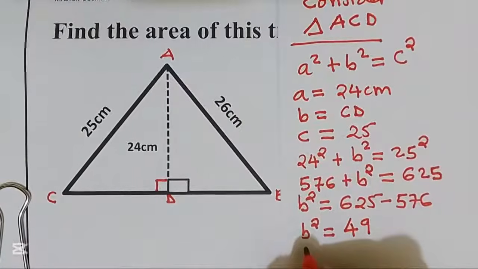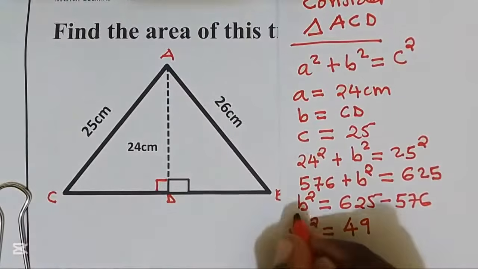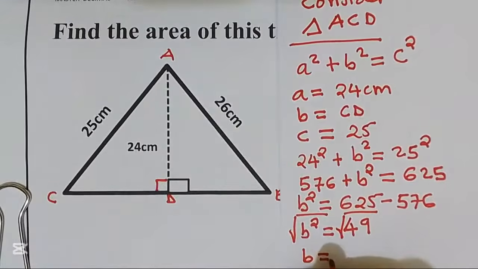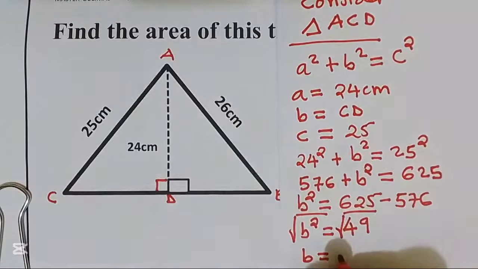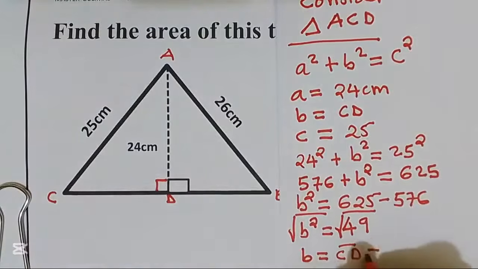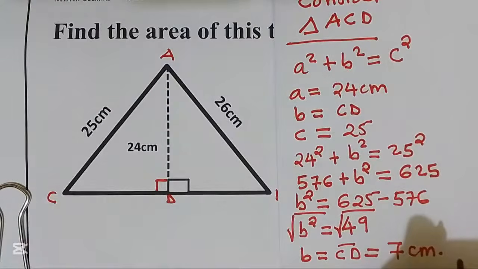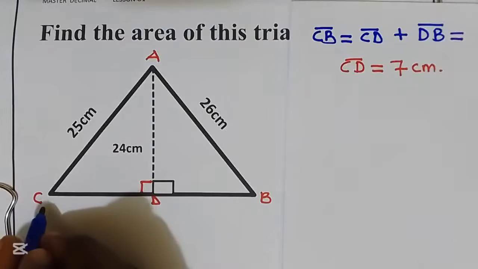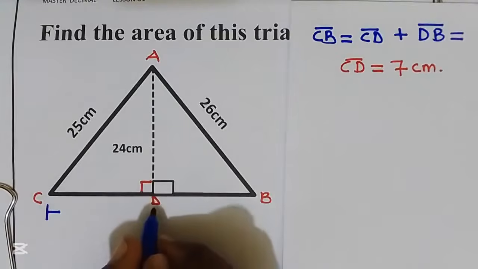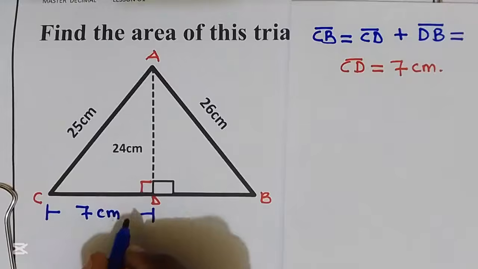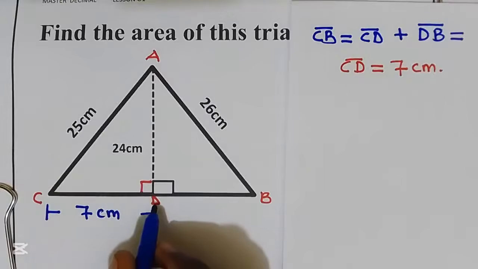I'm going to take the square root both sides. I get b, which is equal to distance CD, equal to 7 centimeter. Already we get distance CD equal to 7 centimeter. Let us now find distance DB.